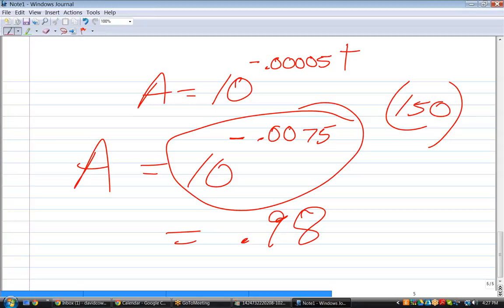Okay, so t is in years. And they're saying what is the amount when t is 150. And there is undoubtedly a second part to that question, which is how long does it take until it gets to be 90% or some other number? Right or not? Not in that question, but in the later questions there.